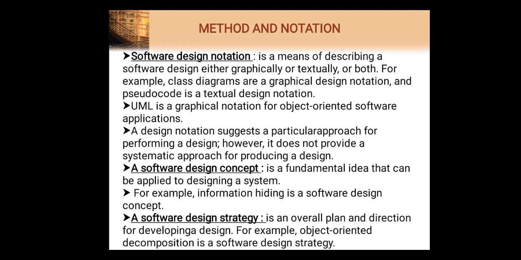Next is the software design strategy that we use while designing the architecture of our software. There are two strategies, as we have already discussed in the decomposition part. You can use either the algorithmic decomposition strategy or the object-oriented decomposition strategy for developing the software architecture, and we have already discussed which one is better.